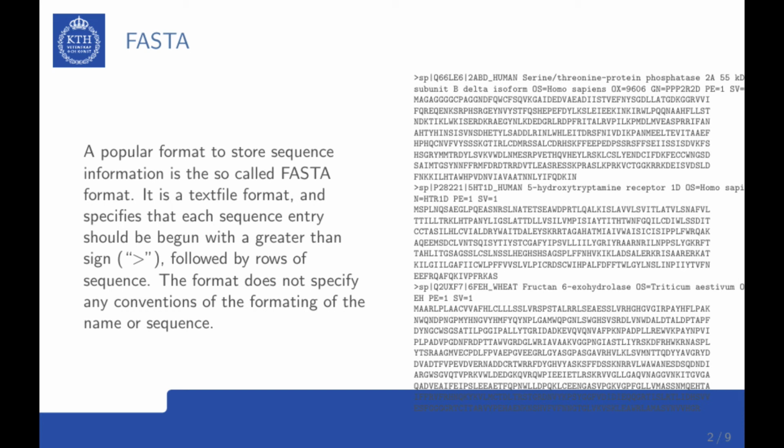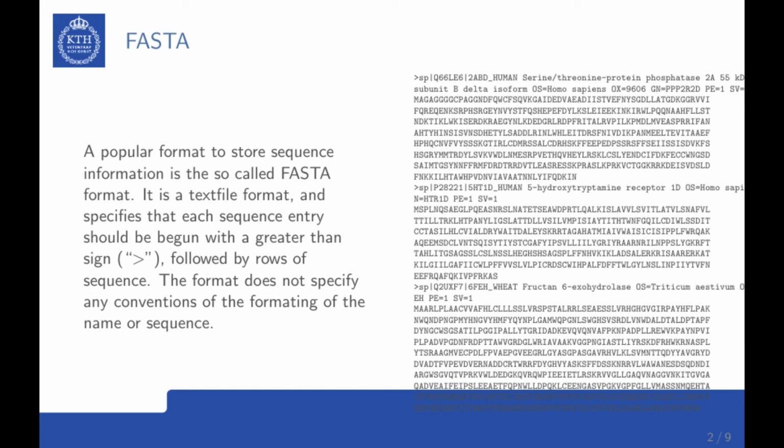This format is valid both for protein sequences, as in this case, where we see the different amino acids after each other, and it's valid as well for DNA information. Then you see four bases after each other.